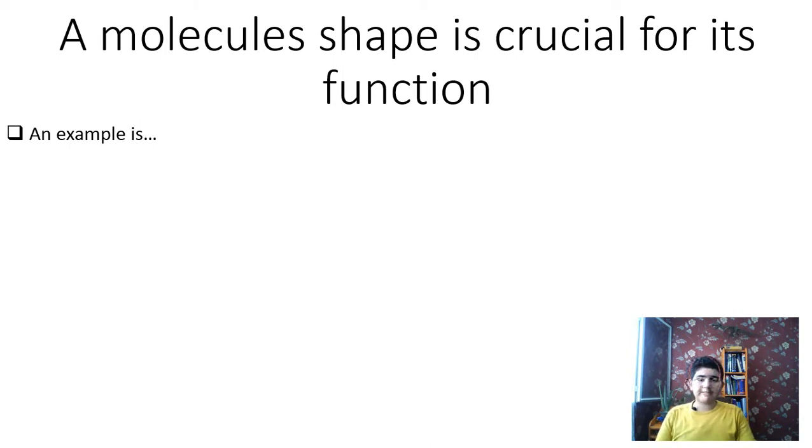Opiates have shapes similar to endorphins, so they mimic their structure by binding to endorphin receptors in the brain. That causes the brain to think that the pituitary gland is producing these endorphins, but it's not.